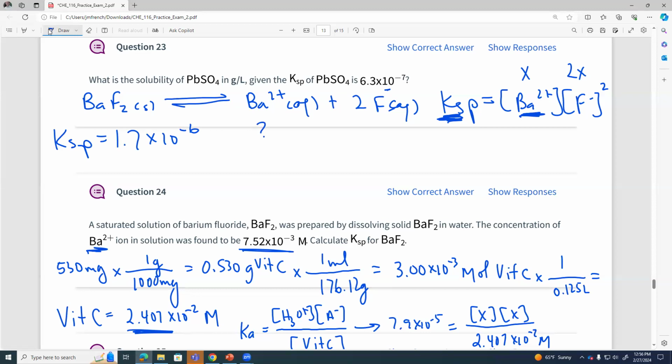And we didn't know either of them, then you're absolutely correct, right? It would come down to KSP equals my concentration of barium, my concentration of fluoride, and yeah, we would get 4x cubed, divide across by 4, take the cubic root. If we didn't know either of those concentrations, yeah.